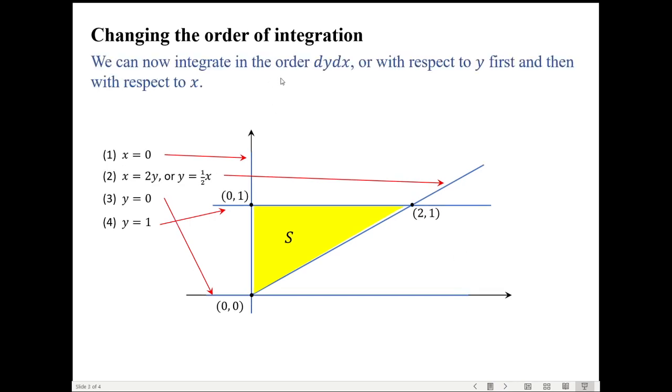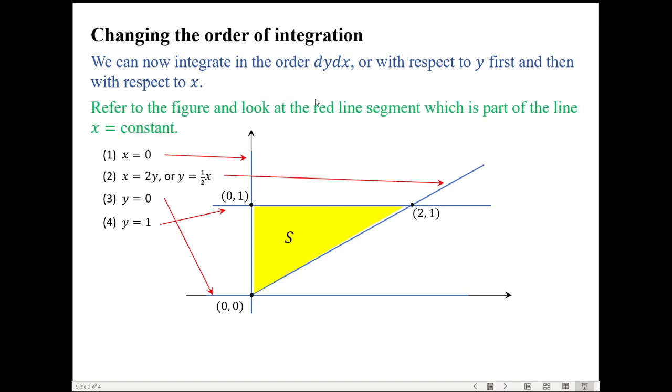We can now integrate in the order dy dx, or with respect to y first and then with respect to x. With respect to y, so x equals constant. Refer to the figure. Look at the line segment which is part of the line x equals constant. So we draw a line x equals constant there. Segment of that line inside the region is colored red, and the endpoints will serve as our set of limits of integration with respect to y.